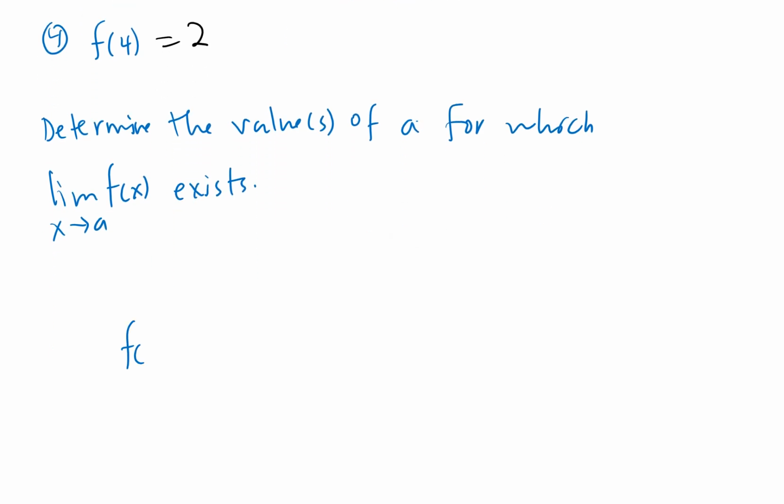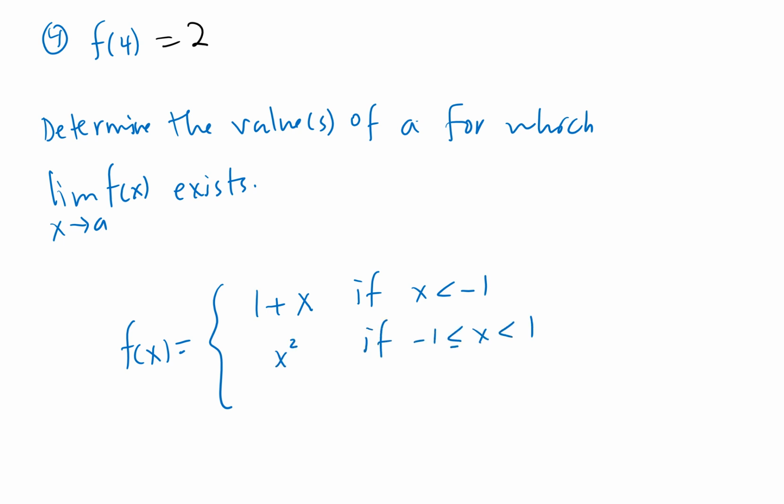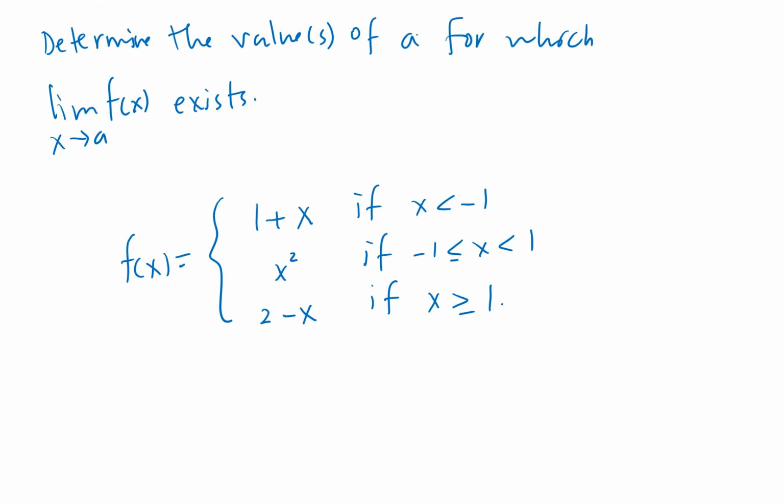F of x equals 1 plus x if x is less than -1, x squared if -1 is less than or equal to x which is less than 1, or 2 minus x if x is bigger than or equal to 1. So this is a good one to try. The first thing I would like you to do is to graph this piecewise function by hand.